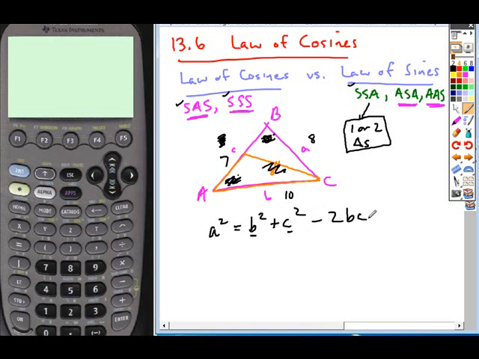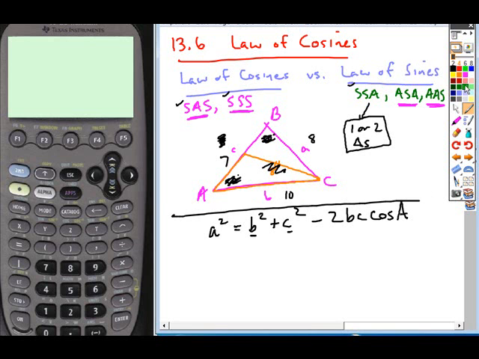So minus 2bc all times the cosine of the angle that's opposite this side. So what angle is opposite side A? Capital A, right?